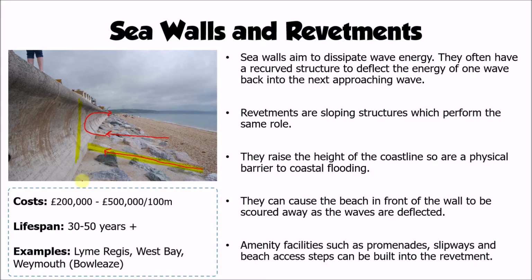That's why in this image we've got this revetment at the foot of the seawall. It's helping to keep that seawall in place and mean that the beach material in front of the seawall isn't lost to erosion.